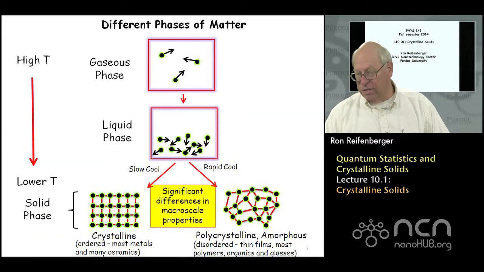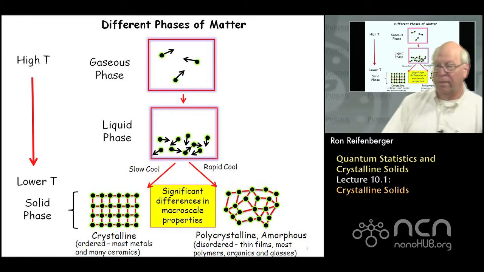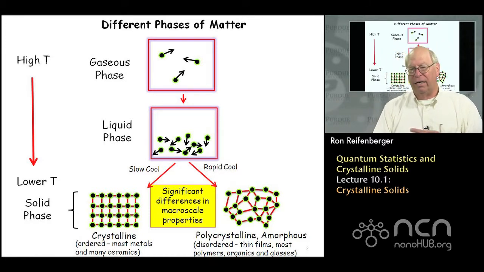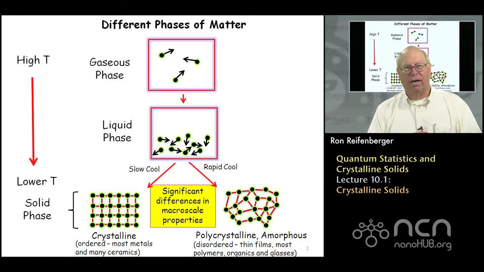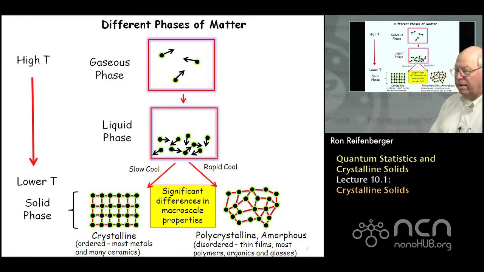So to begin, let's try to sharpen our understanding of the different phases that matter can exhibit on Earth. And I just want to make the case, there are three different phases, right? There's the gaseous phase where you've got a collection of atoms that are bouncing around inside of a container. Typically, as you lower the temperature, these gas atoms condense into a liquid phase.